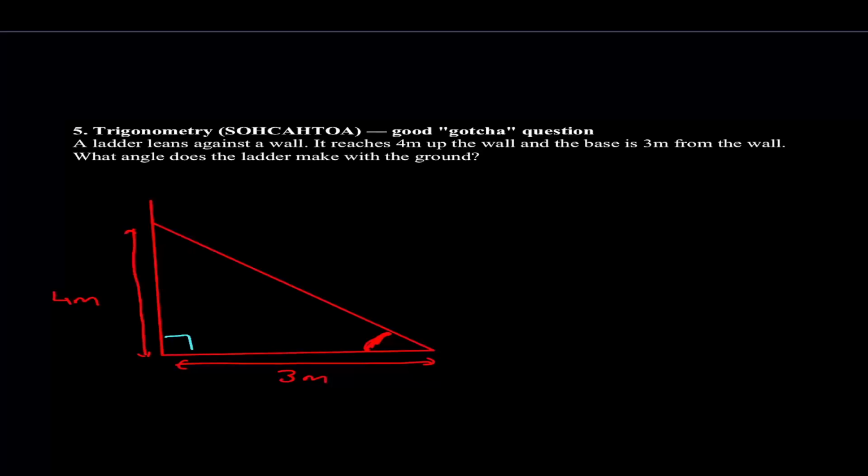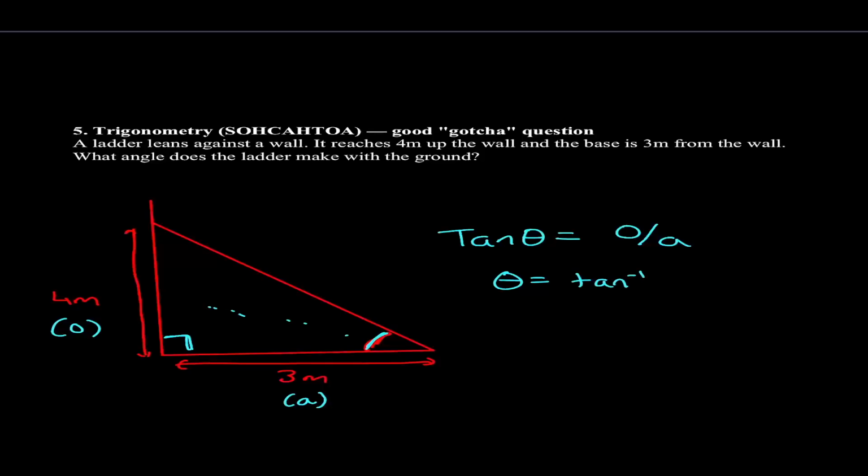So we've got my right angle here. Let's label the two sides. The side next to the right angle and the other angle is my adjacent. Opposite this angle is my opposite. And the trig formula that has adjacent and opposite is tan. And tan theta is opposite over adjacent. Therefore, my angle would be inverse tan. So press shift and tan on your calculator.